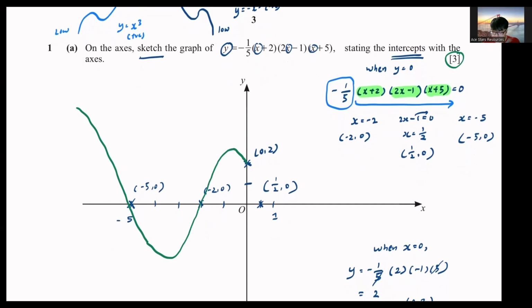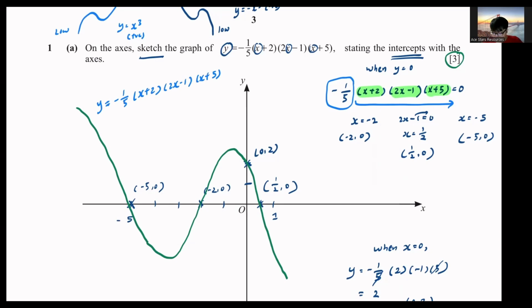So draw out the shape and we can call it a day. Okay, so this is your graph, but don't forget to label: y equals negative 1 over 5 (x plus 2)(2x minus 1)(x plus 5). There we go, perfect. So this is what you're going to show.